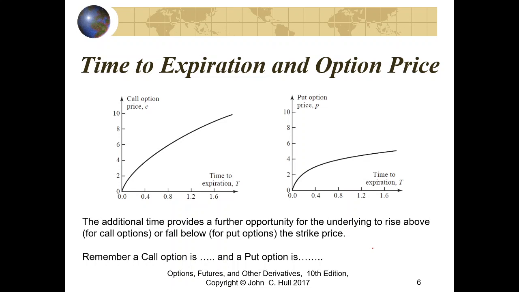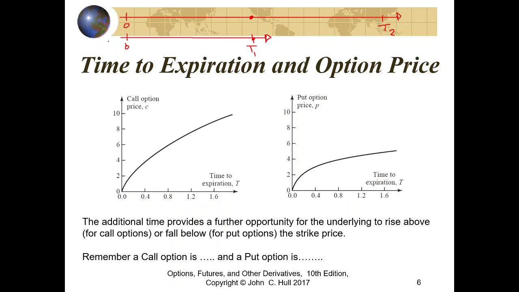Okay, next we examine the effect of the time to expiration on option prices. Let's assume that we have two options. They are similar in all other aspects except the time to expiration. So for example, one is going to expire after 1 month and the other is going to expire after 2 months.